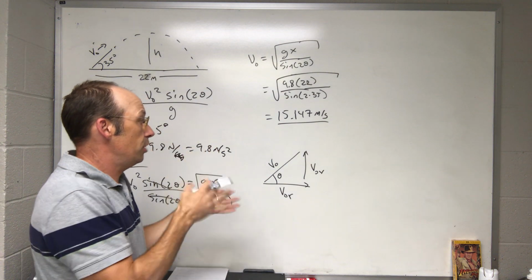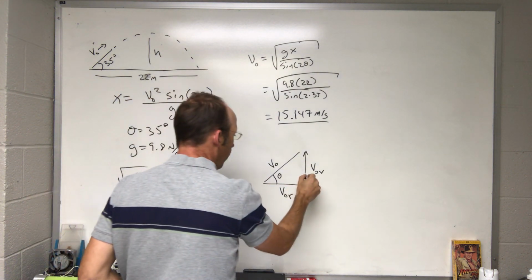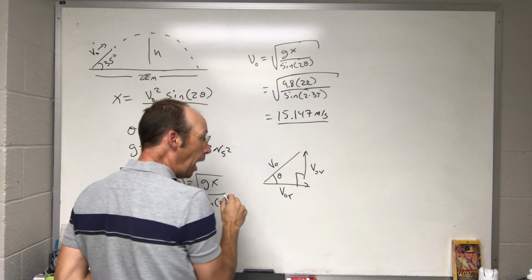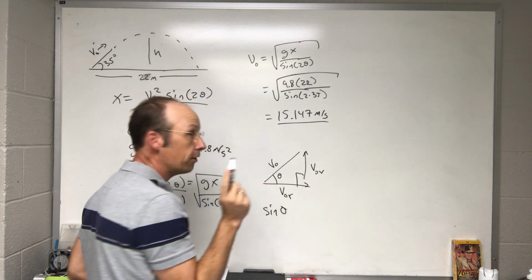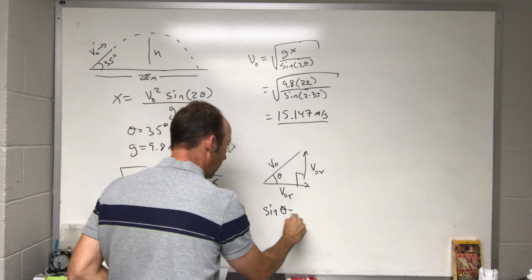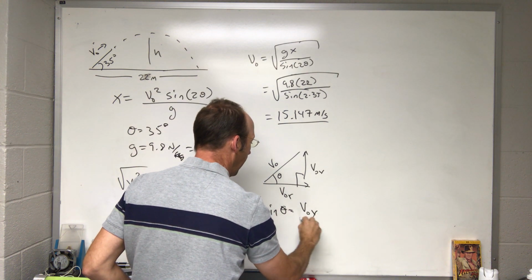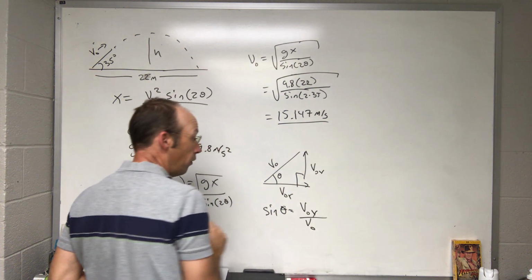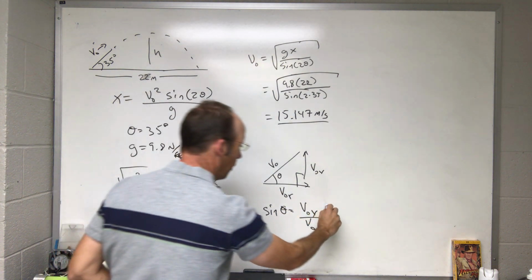So I can just deal with the vertical velocity if I can find it. Here I have a right triangle, and that's the opposite side of the right triangle. So sine of theta, not 2 theta, is going to be opposite over hypotenuse. So that's v0y over v0. I know v0, 15.147, so I can multiply both sides by v0.